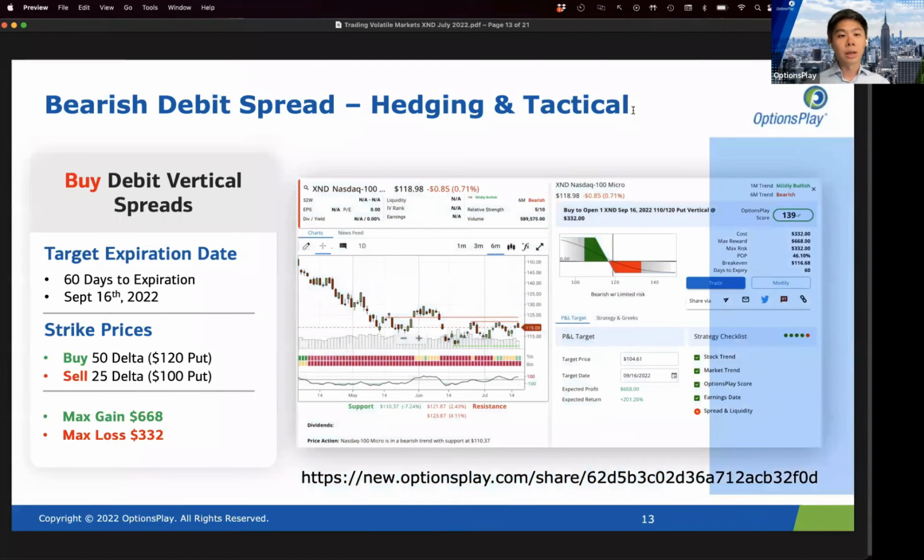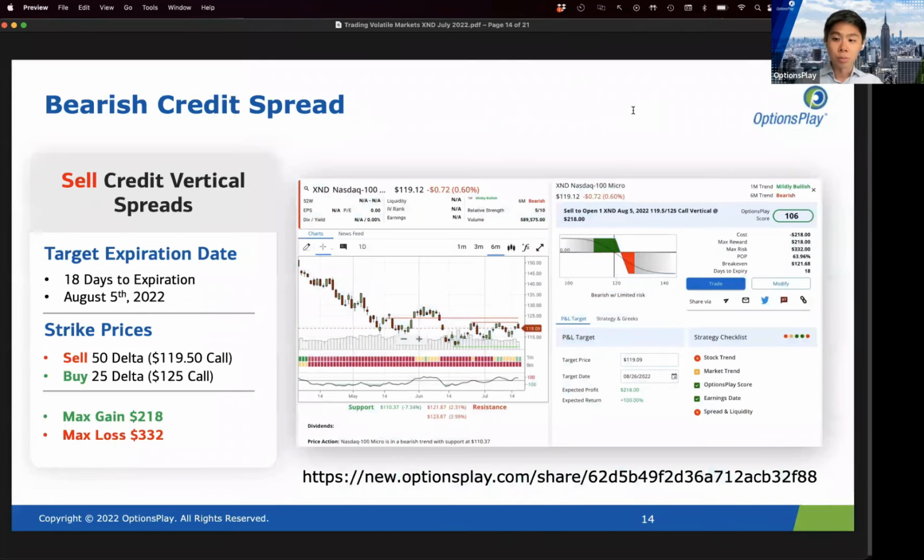And then what I want to take a look at here are some credit spreads. A lot of you like to sell credit spreads. This is one way that you can also finance the purchase of a debit spread. If you sell the August 5th 119.5/125, that's basically selling the 50 delta call option, the 119.5, and then buying a 25 delta call option, the 125 strike.